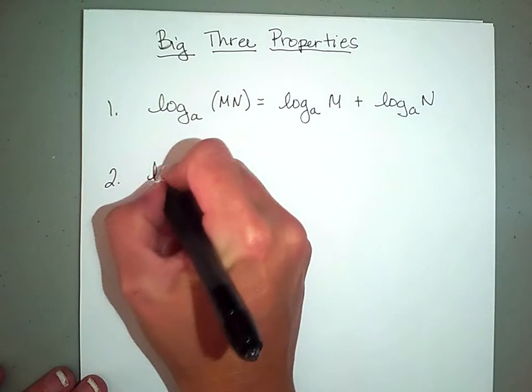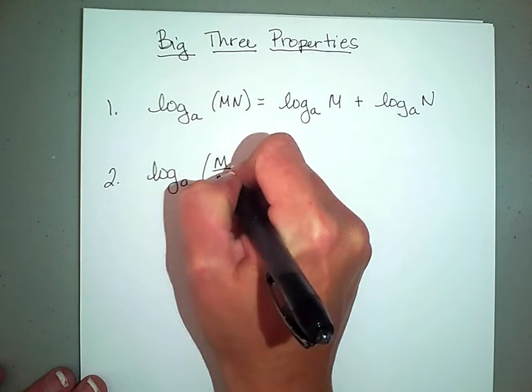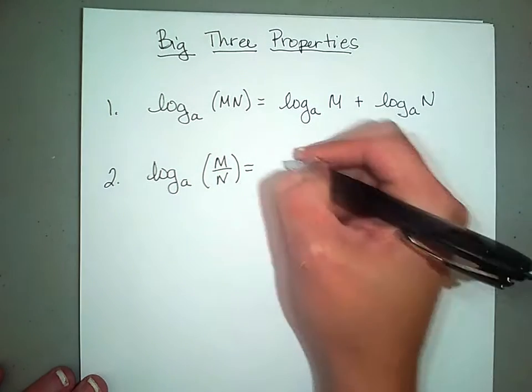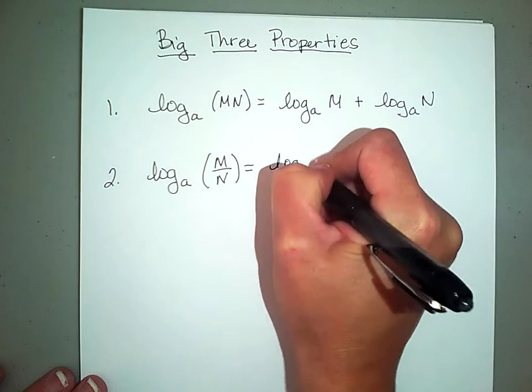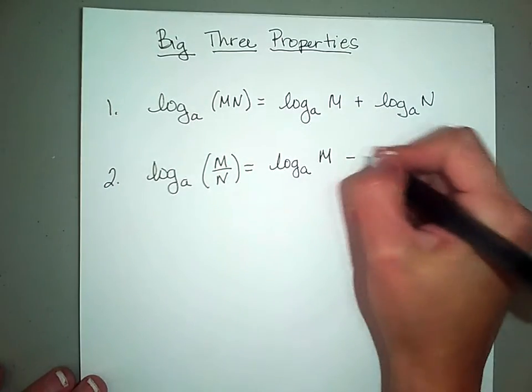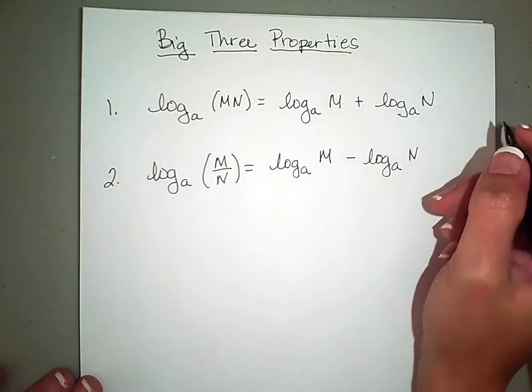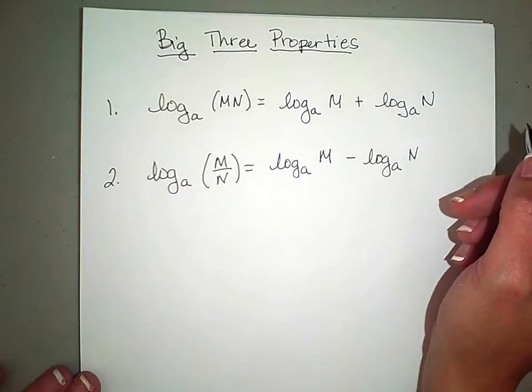Number two, if we have the log base a of a division, m divided by n, then we can take the log base a of m, which is the entire numerator, and subtract from it the log base a of n, which is the entire denominator.